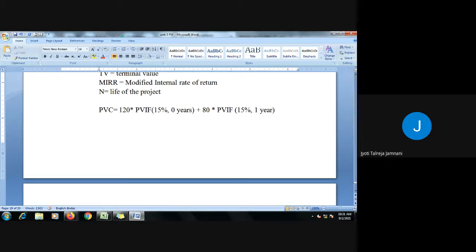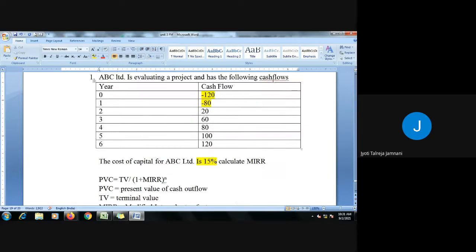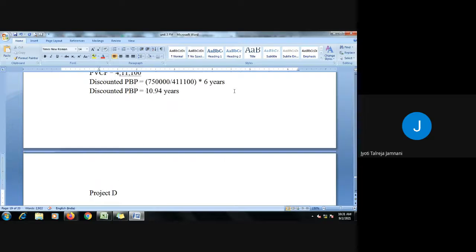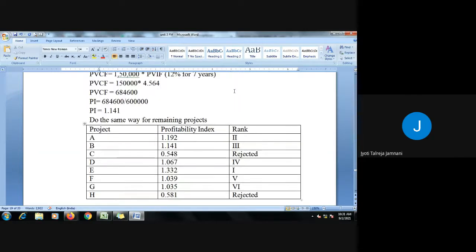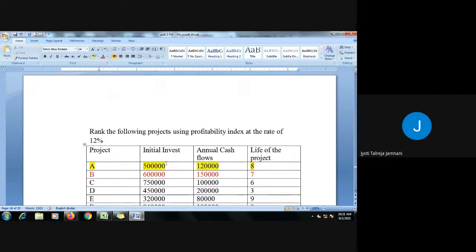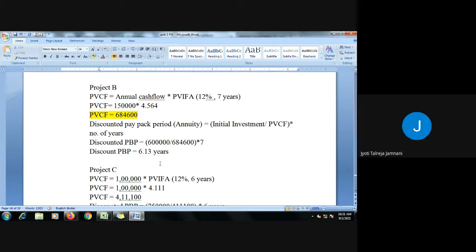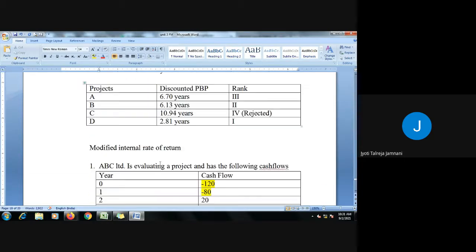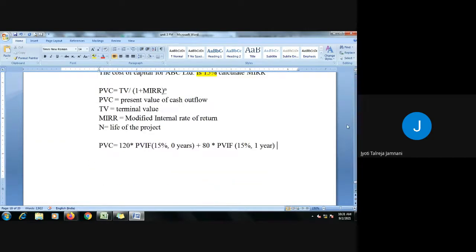We are finding the present value of cost. We can do it in the table also, like we did above for above problems. Whenever we found the present value, we basically did it in the table like this. But then it is only for 2 years. Making a separate table for 2 years, better than that, we do it using the equation. So present value of cost is equals to 120 into present value interest factor at 15% for 0 years.